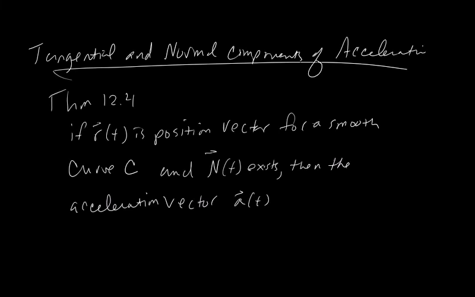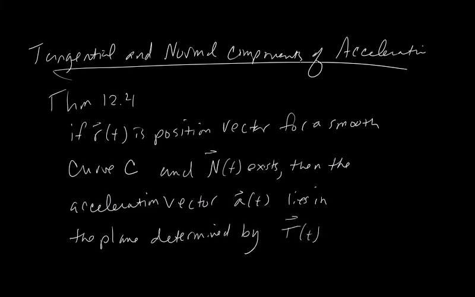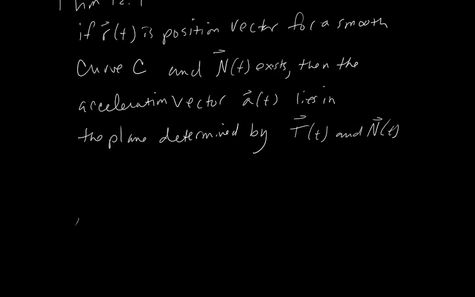So the acceleration vector A(t) lies in the plane determined by T(t) and N(t). So that gives us that A(t) is equal to a_T times T(t) plus a_N times N(t).